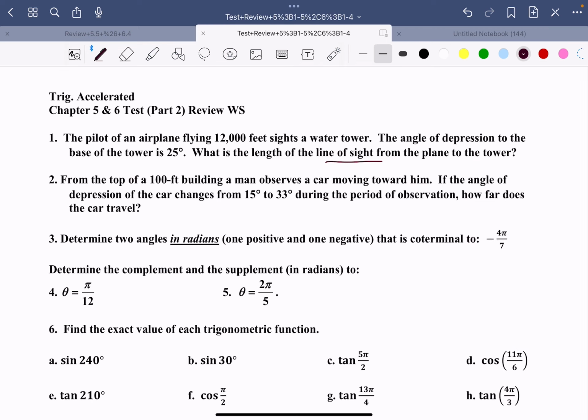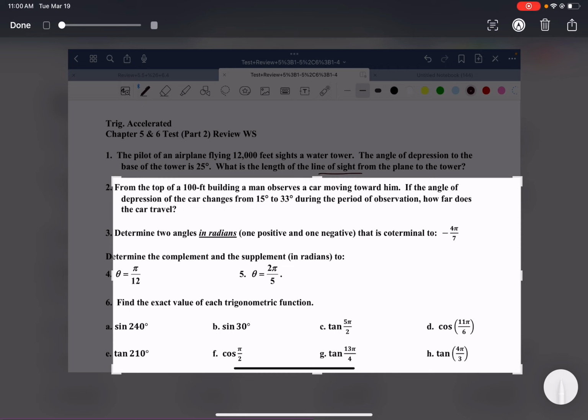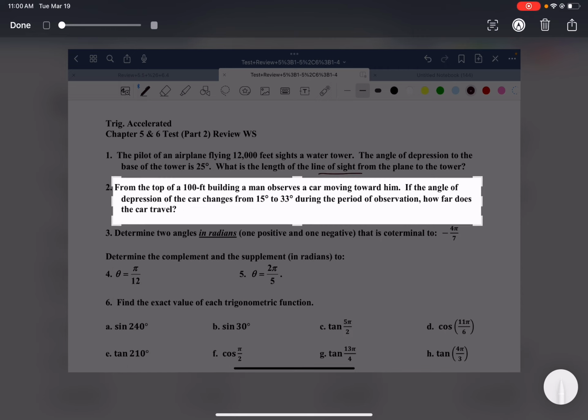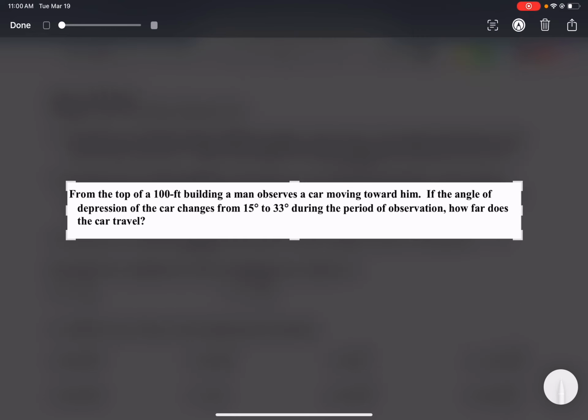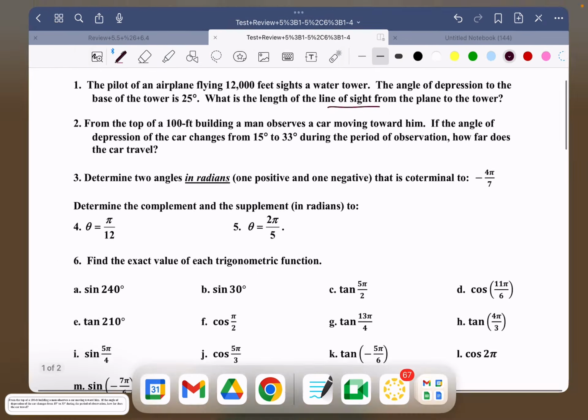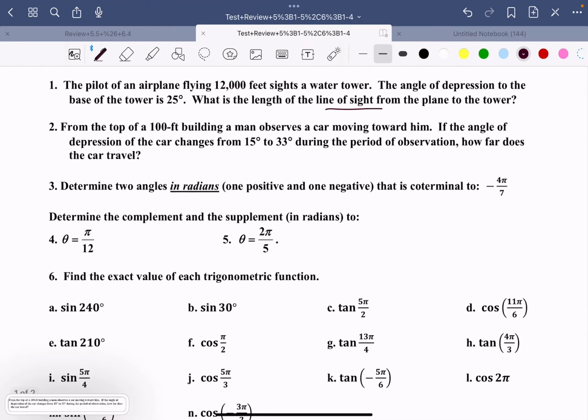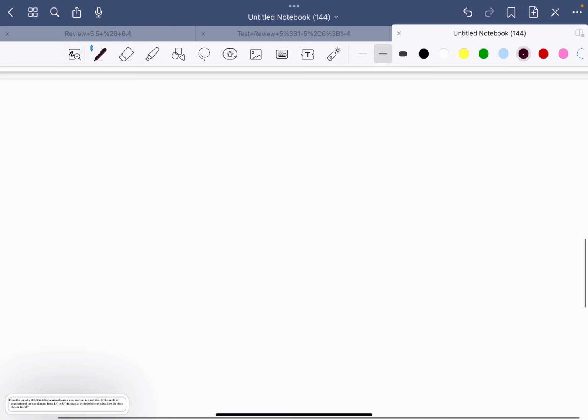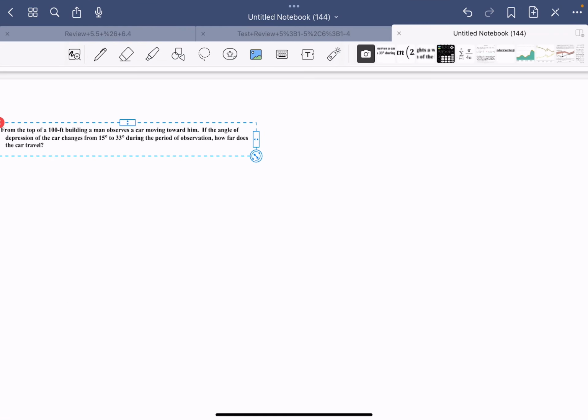Okay, let's look at the next one. From the top of a 100-foot building, a man observes a car moving towards him. So we've got that situation in our mind. Let's see if we can draw the picture. I come over here, get some more room, and hit paste.